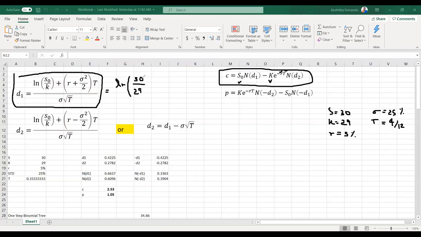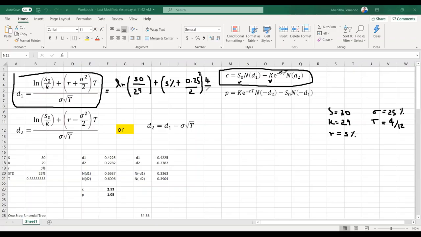So take ln 30/29 plus r, the risk-free rate of 5%, plus the variance, the squared value of sigma, 0.25 squared, divided by 2, and multiply this value by the time, 4/12.